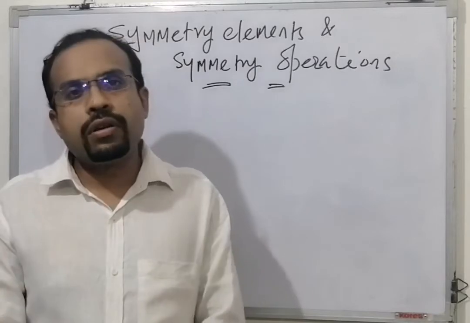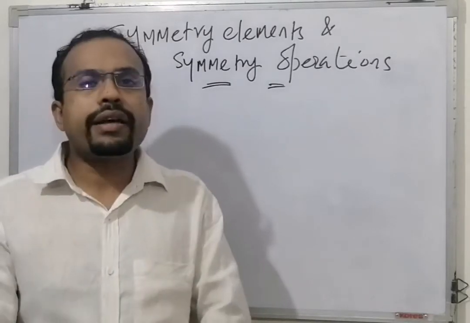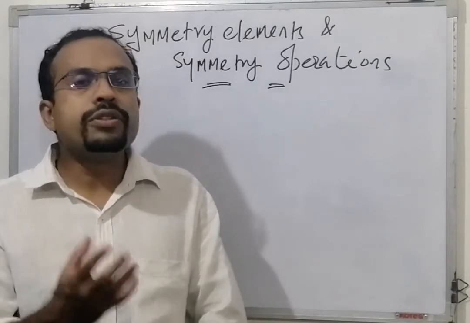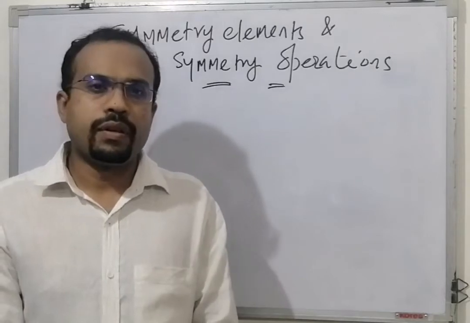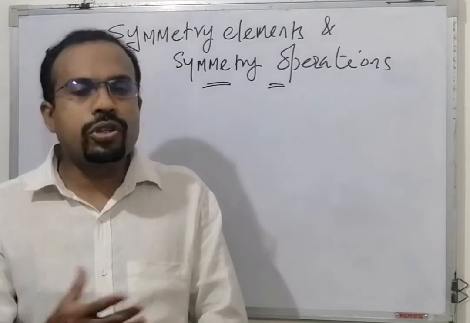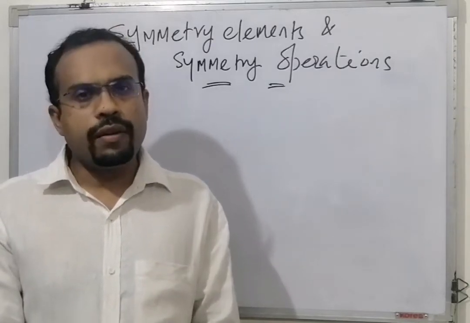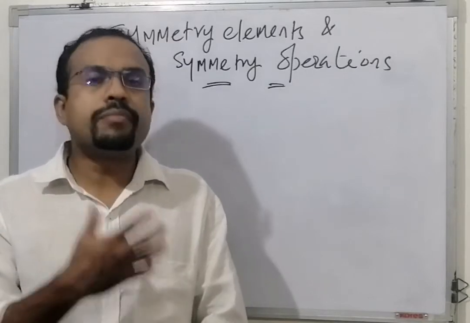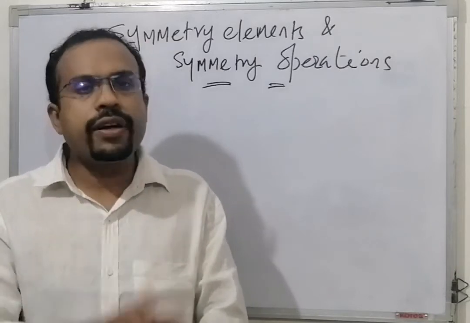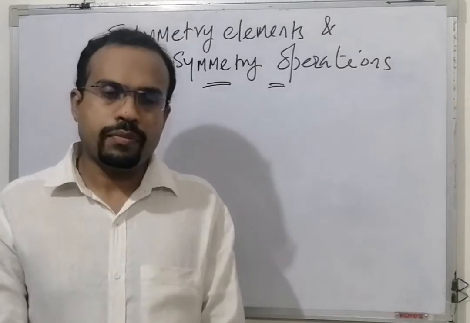Like our physical objects, our architecture, or flowers, molecules are also symmetric. There are symmetrical molecules, highly symmetrical molecules, and less symmetrical molecules. Therefore, scientists have attempted to classify molecules based on their symmetry.